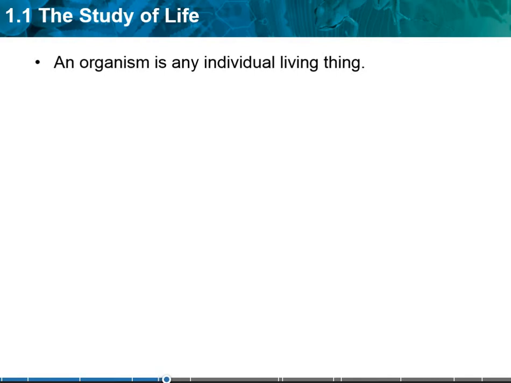So an organism is any individual living thing, once again, and all living things are going to be made up of one or more cells. So that's one of the key things to what makes something alive. If it doesn't have one or more cells, it's not alive.